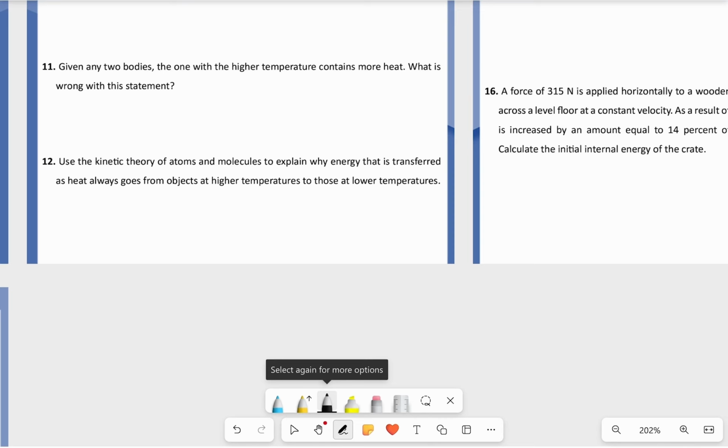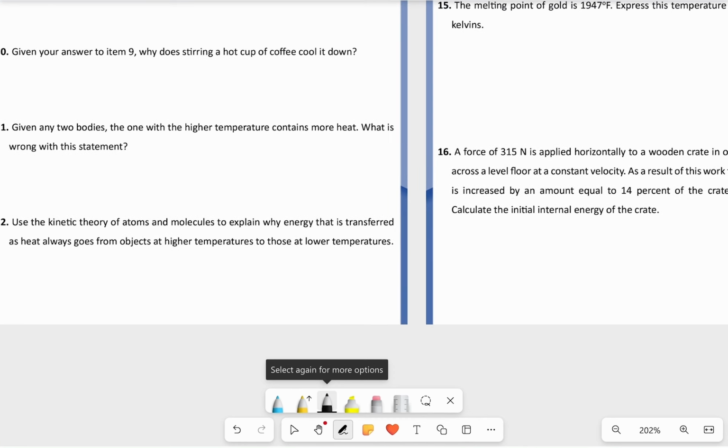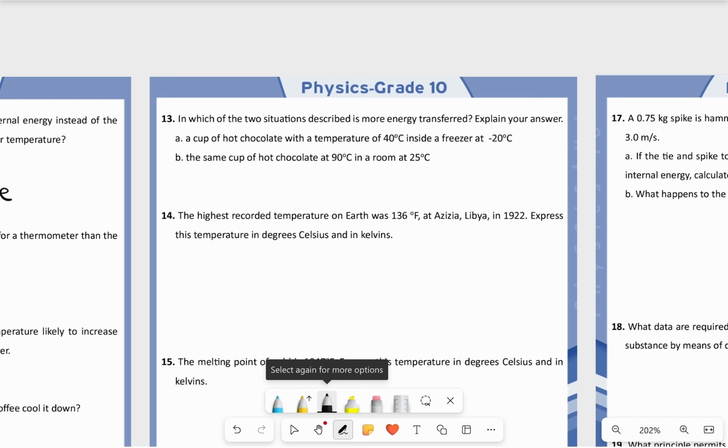When they come in contact with objects at lower temperatures, they're going to transfer some of the energy because of collision to the atoms or molecules in the object with lower temperature, and therefore energy is always transferred from higher to lower temperatures due to collision from the fast-moving molecules to slow-moving molecules.